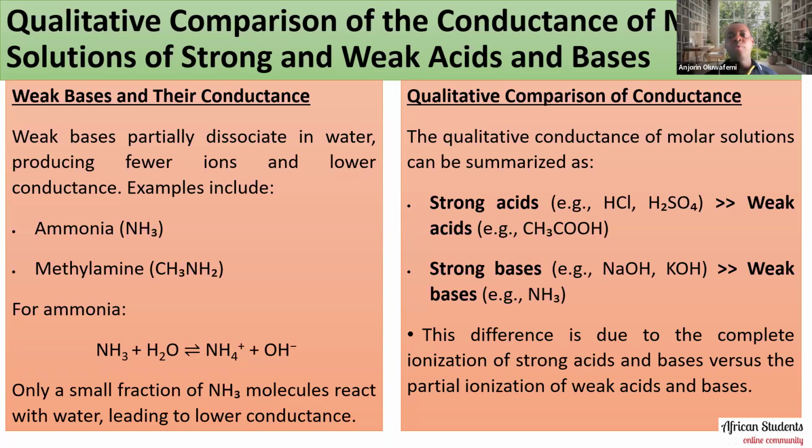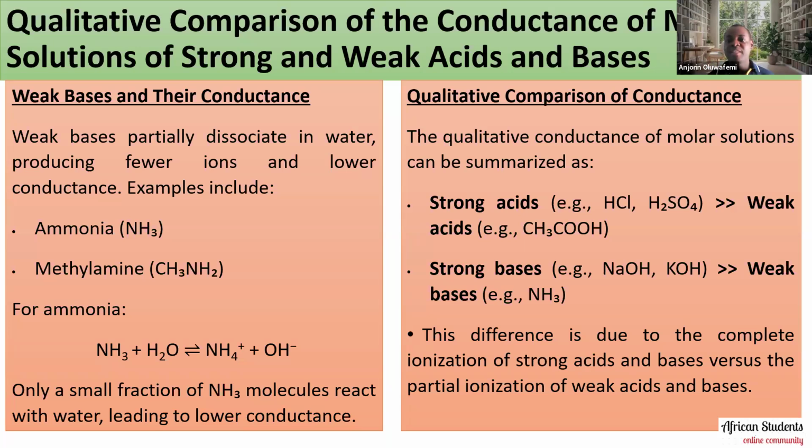So basically, bringing everything home now, the qualitative conductance of molar solutions can be summarized as follows. Strong acids like HCl and H2SO4 have a far greater conductivity compared to weak acids.